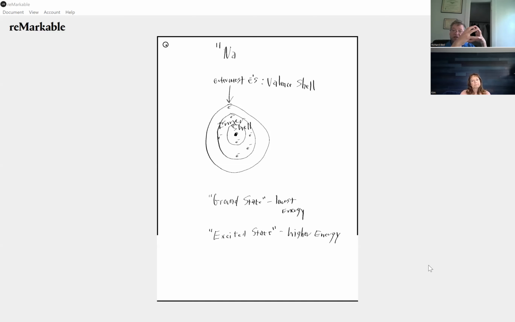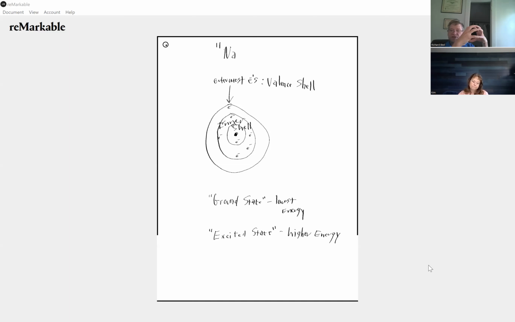So those inner shell electrons actually don't interact either. The nucleus, and in the example of sodium, those 10 electrons, there are 2 inner shells in sodium. We're going to talk about how you can tell how many shells there are, probably Thursday.